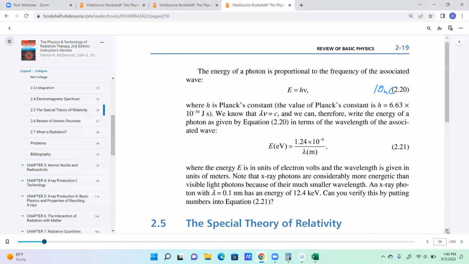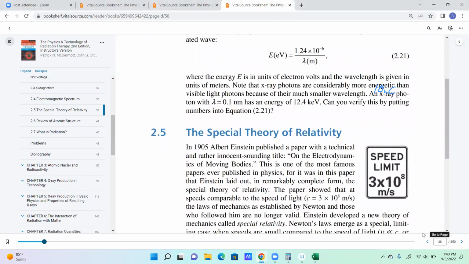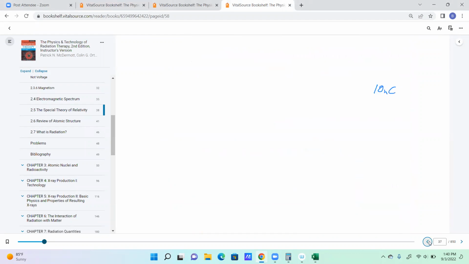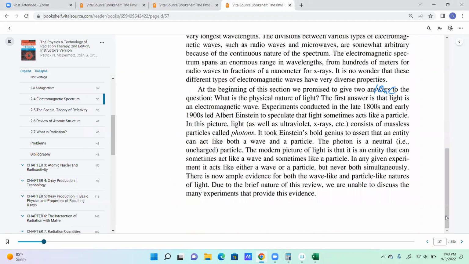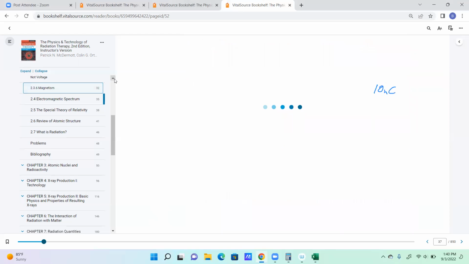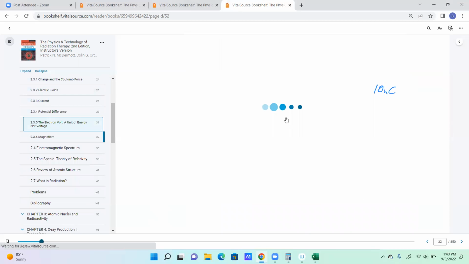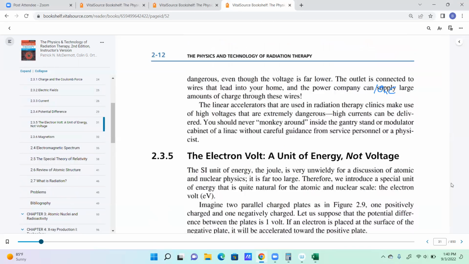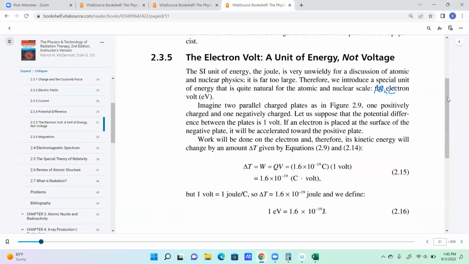Let's see, it may not be here. I think it may be. It may not be magnetism. Let's go back to the electron volt. I believe it's there. I thought I had it.